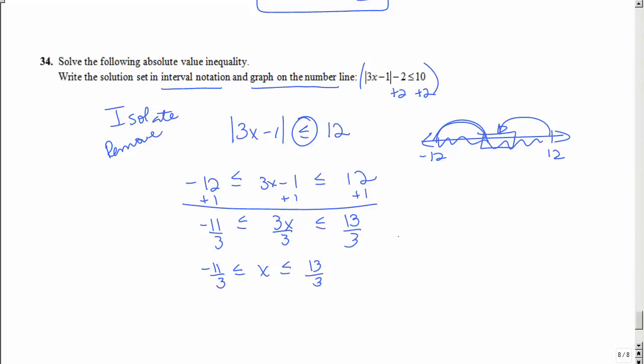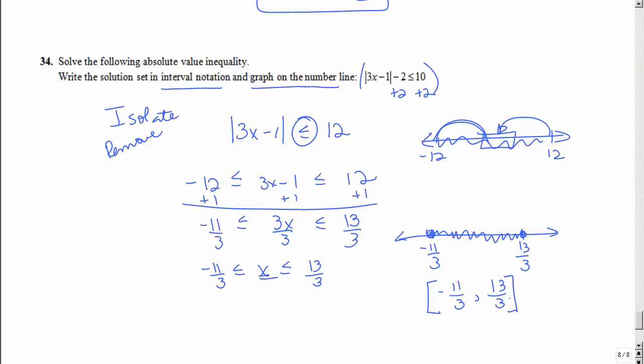I'm now asked to put that on a number line. Can be pretty basic. They need to be filled in because of the equal to part, and then x is between. So all of those numbers. And then in interval notation would be bracket -11/3, comma, 13/3, bracket.